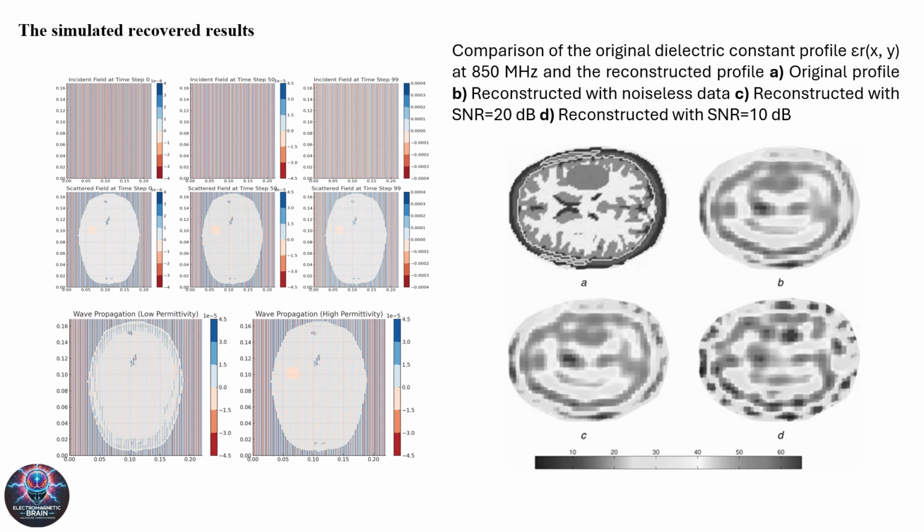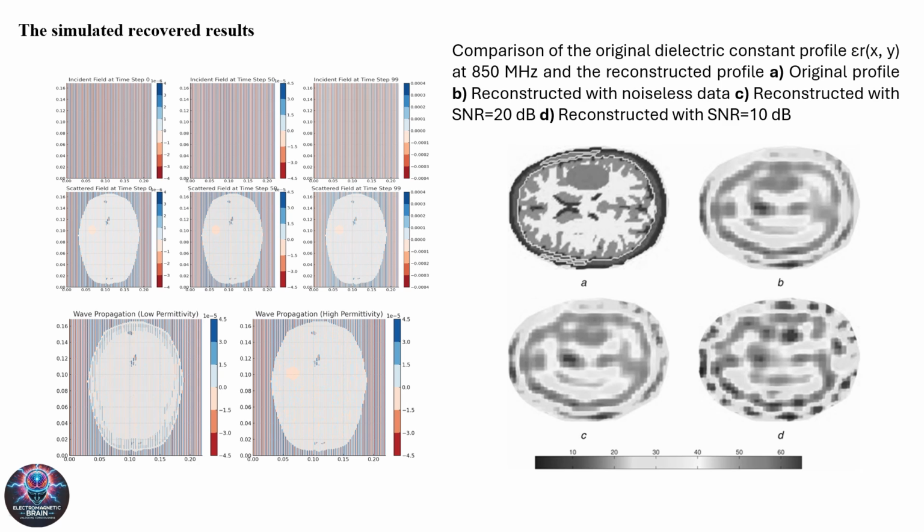In the last slide, we will explore wave propagation and the behavior of the incident and scattered fields at different time steps. This analysis gives us a clear understanding of how electromagnetic waves interact with different media over time, particularly within a heterogeneous environment. We begin by looking at the plots on the top left, which show the incident and scattered fields at various time steps.